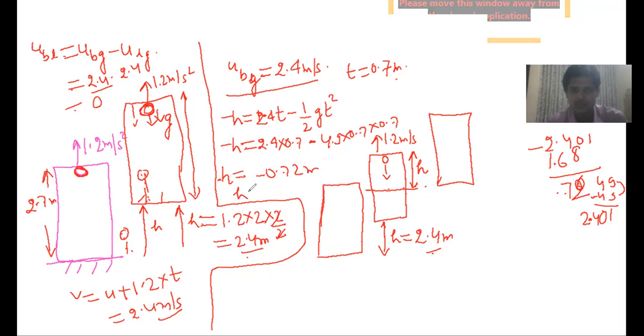So H equals 0.7 meter, which is the correct answer we also got earlier. So our displacement will be minus 0.7 meter only.